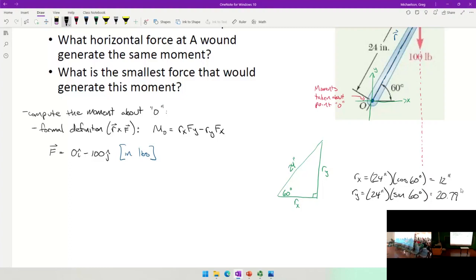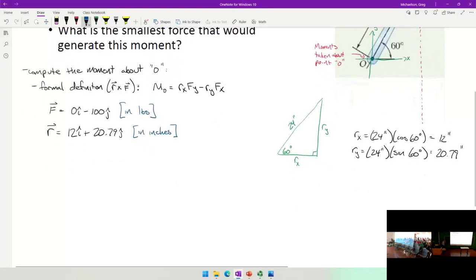Do I have a second on that? Okay, good deal. So therefore, R is 12i plus 20.79j, and that is expressed in inches. So our resulting moment is going to be in inch pounds, like foot pounds, just we're not dealing with feet, we're dealing in inches. All right.